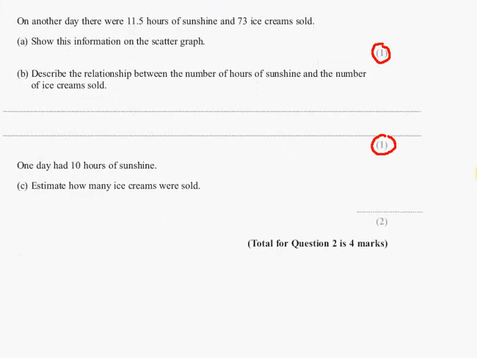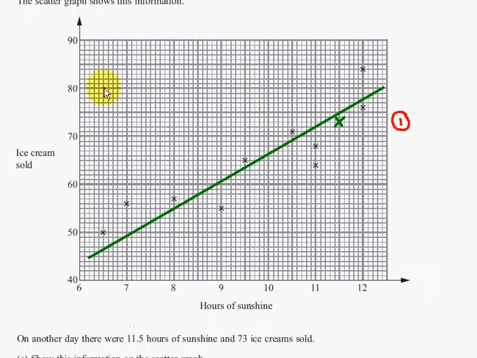And part C, so one day had 10 hours of sunshine. Part C says estimate how many ice creams were sold. So we need to use our graph then. 10 hours of sunshine. So we've got our line of best fit. So 10 hours of sunshine. I'm going to draw a line up at 10 hours up to the line and across.